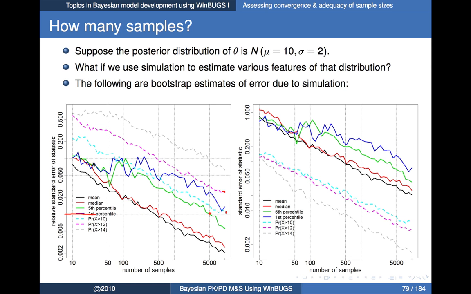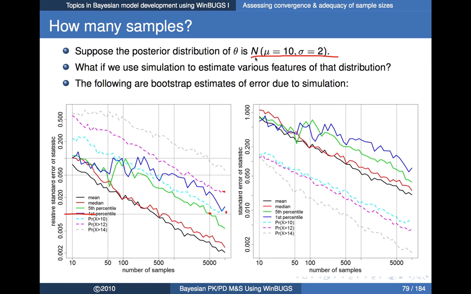Keep in mind these are not schematics to tell you something universal about exactly how many samples, but they are just illustrating it for a particular case. So in this case, suppose our distribution of interest for theta is normal with a mean 10 and a standard deviation of 2. And what if we use simulation to estimate various features of that distribution?